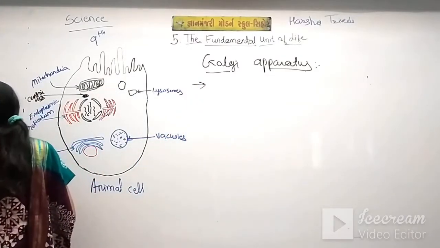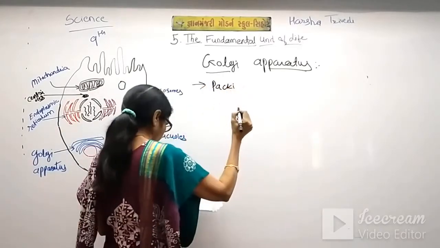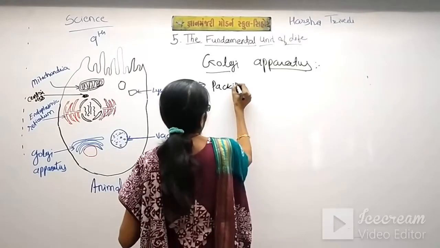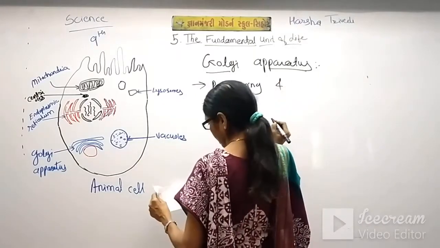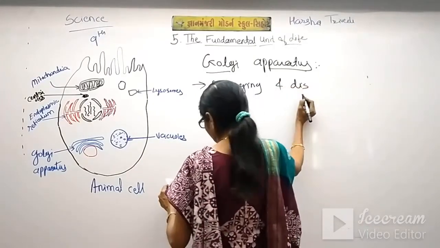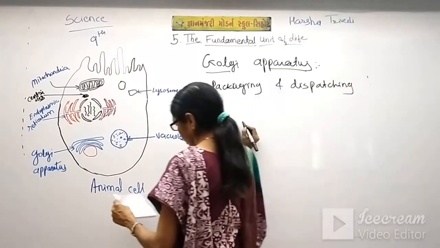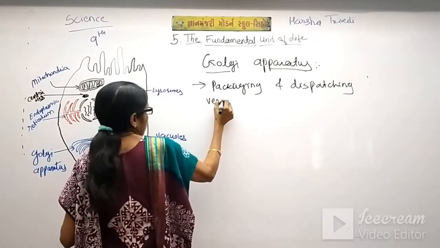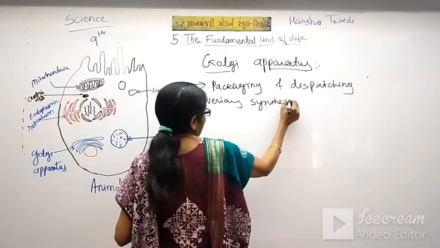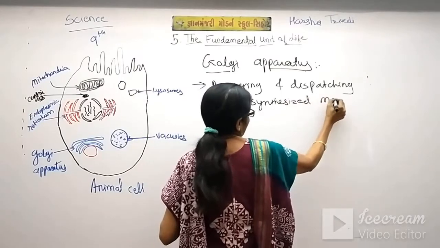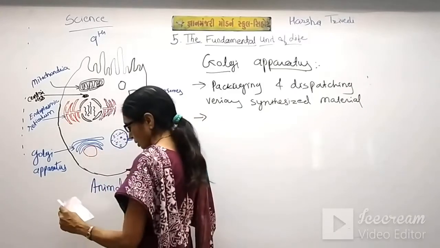So we can say packaging and dispatching various synthesized material. This is the first function of Golgi apparatus.